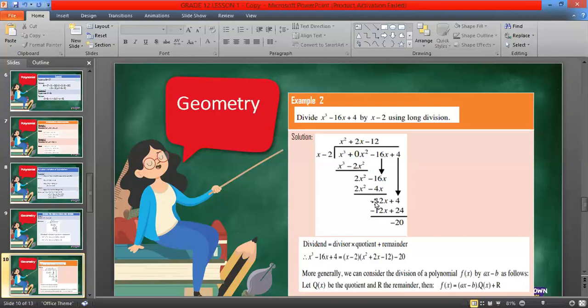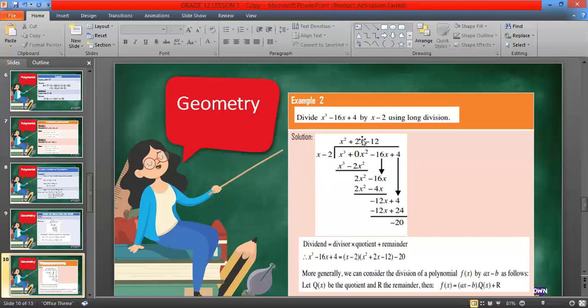Then you start again. Negative 12x divided by x gives negative 12. You write the negative 12 up here and use it to multiply both of these terms.